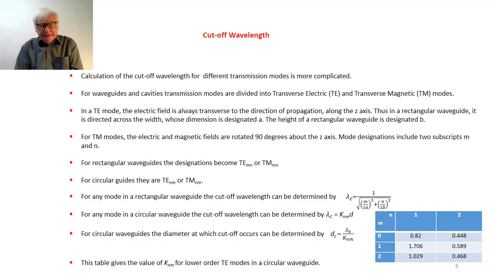And to help in the definition of the transmission modes, we use two designations which include subscripts N and M. In a rectangular waveguide, the designation becomes TE_MN for a TE mode, or for a TM mode, it becomes TM_MN.